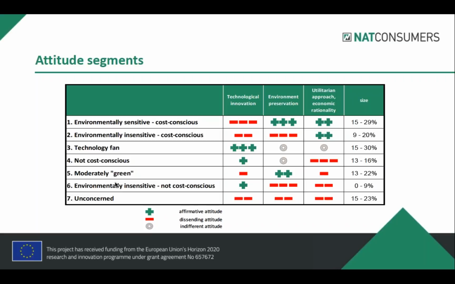But in the case of the last segment, the unconcerned, none of these drivers seem to be important. In this case, it's also possible to use the secondary attitudes. For example, in this unconcerned segment, the social pressure attitude could be used in the argumentation when we speak with the consumers. So the comparison with the peers or the other consumers in the same community could be used.